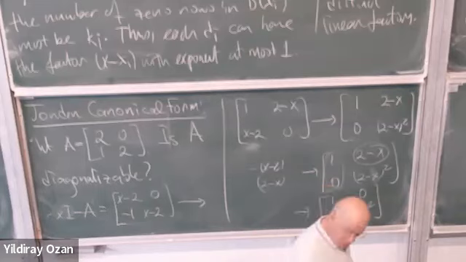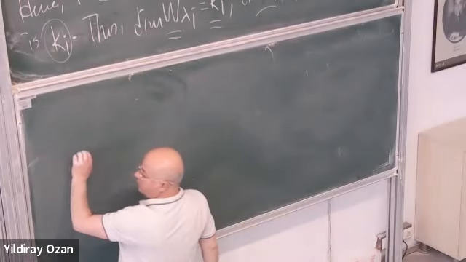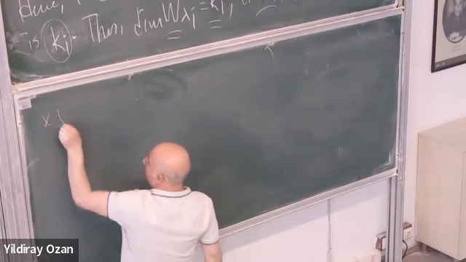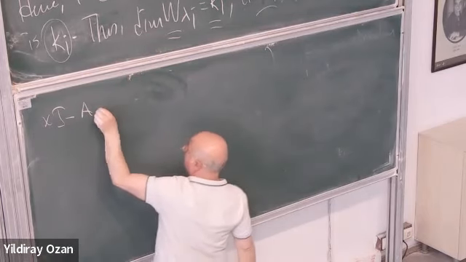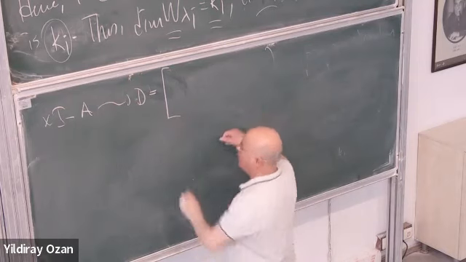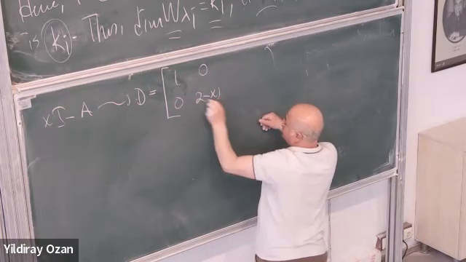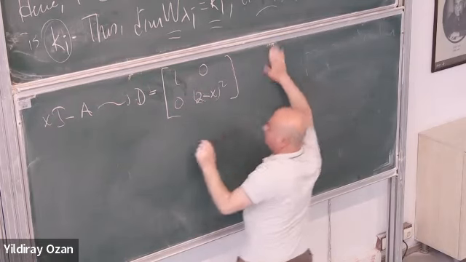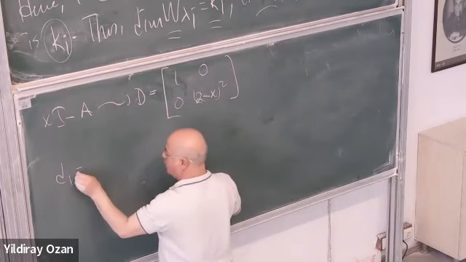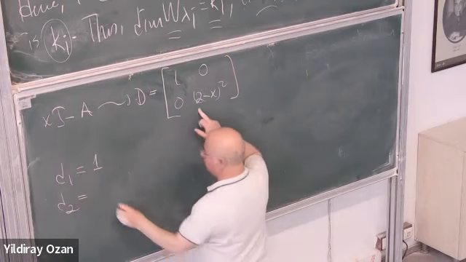So xI minus A is equal to the following matrix: 1, 0, 0, 2 minus x squared. Therefore, d1 is just 1 and d2 is the polynomial.